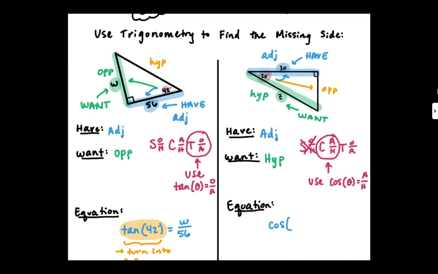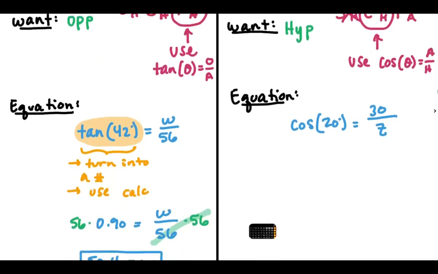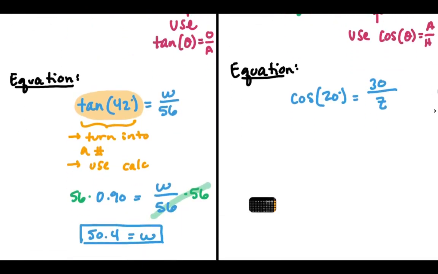Cosine of our angle, 20 degrees, equals the adjacent side, which is 30, divided by our hypotenuse, which is z in this case. Okay, so we've got our equation, now we can just focus on solving that.